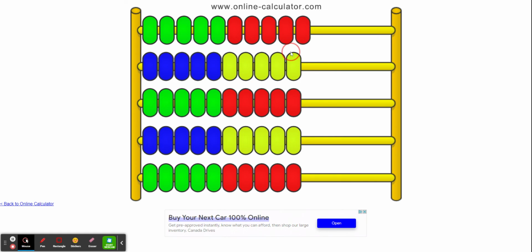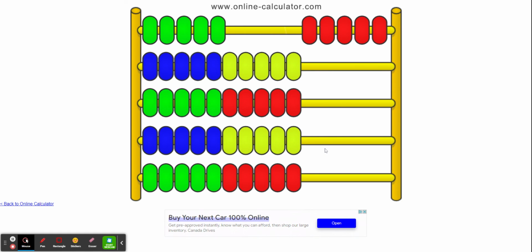Then I would say, show me three, and expect them to go like that. And then I might say, show me 5, and expect them to go like that. And if they didn't know right away that that was 5, I would take their fingers and have them match up every bead to every finger, because most kids know that on one hand they have 5 fingers.